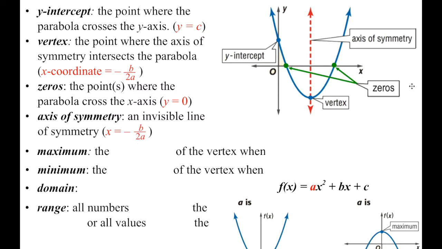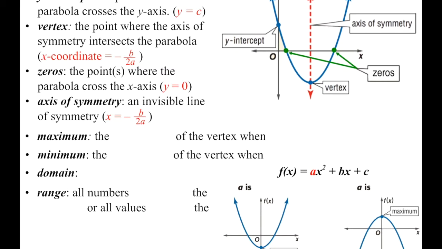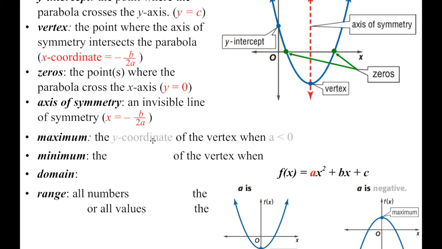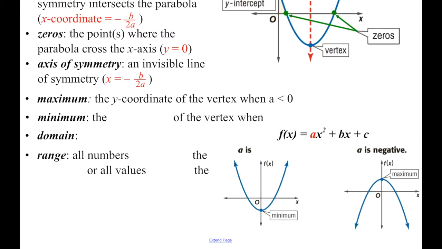And then we have a maximum, and the maximum value is the coordinate of the vertex when a is less than 0. If you look down at these two pictures, when the parabola opens down, you get a maximum point, and that happens when this a coefficient is negative.